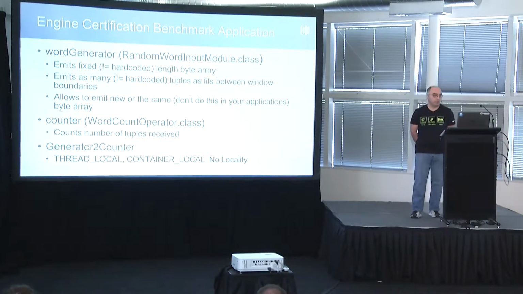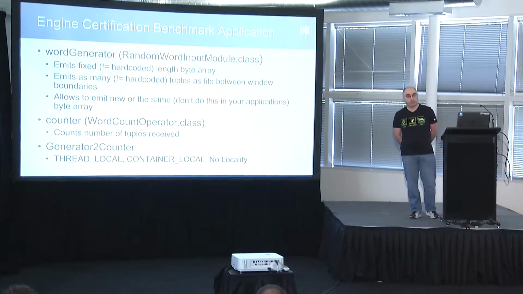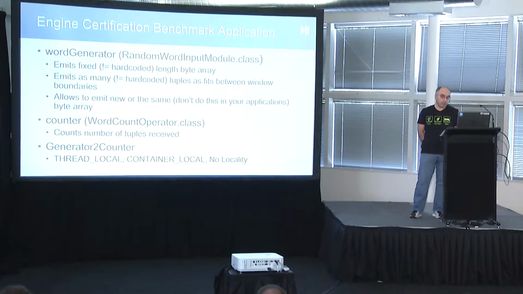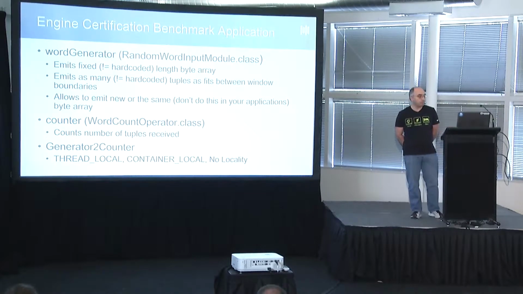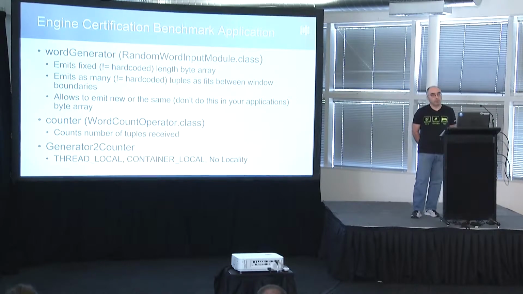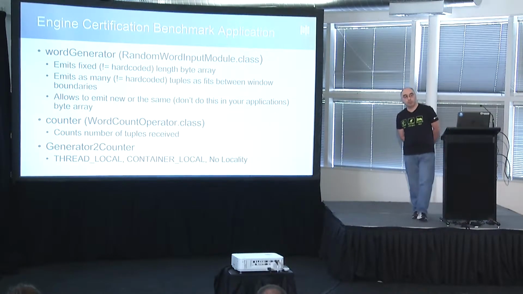And the second operator is a counter. It basically counts how many byte arrays an operator received within a window. Those two operators are connected by a generator to counter stream.